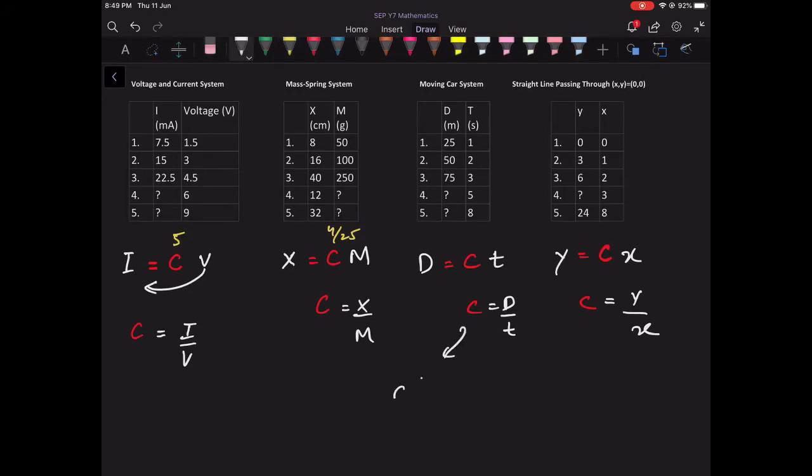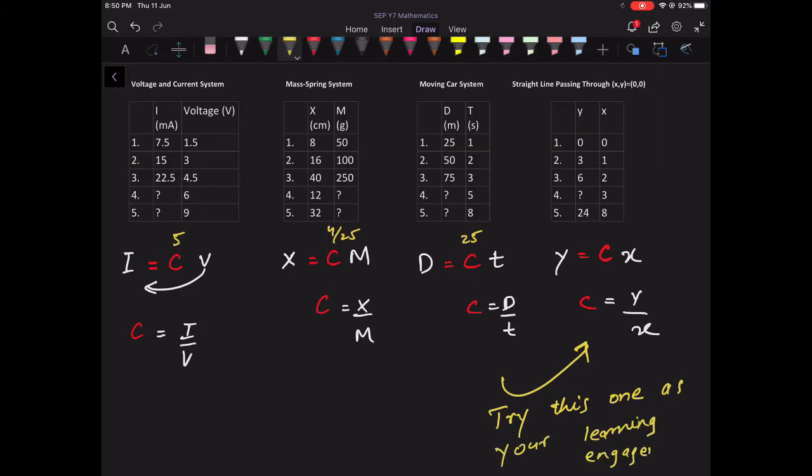Moving on to the next one, we use the values of distance and time from the table. All the ratios are equivalent, so simplifying them gives us one constant answer, that is 25. Try to find the value of constant in the last example as part of your learning engagement. Pause the video now.